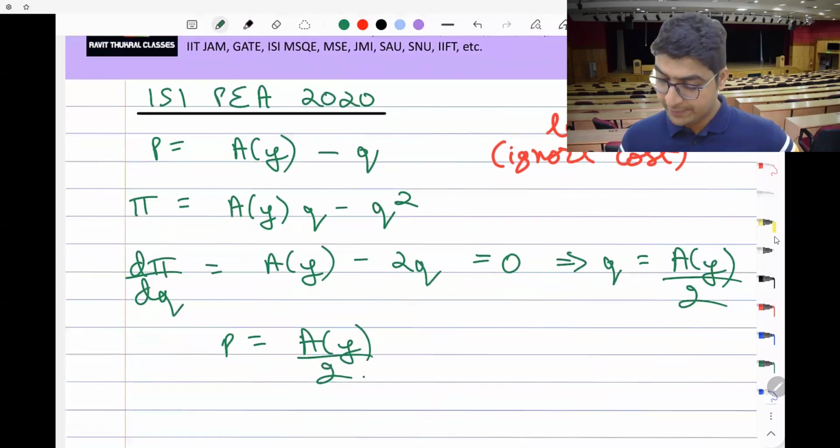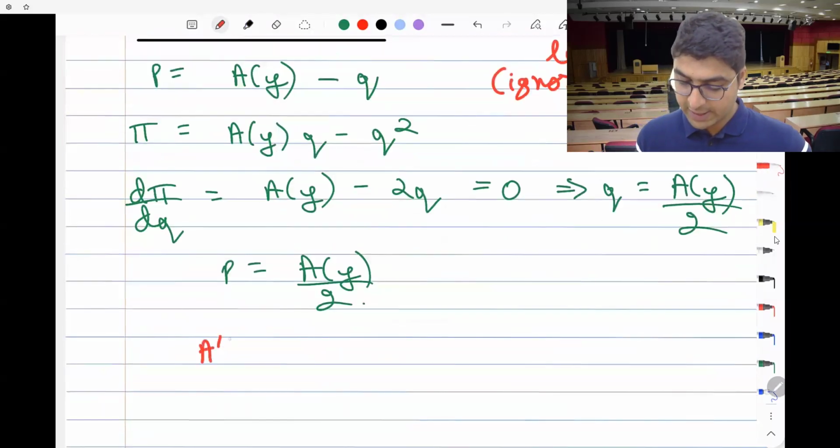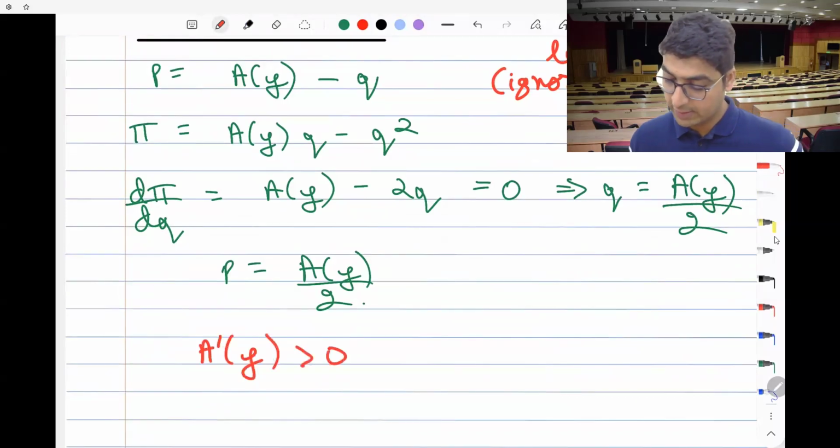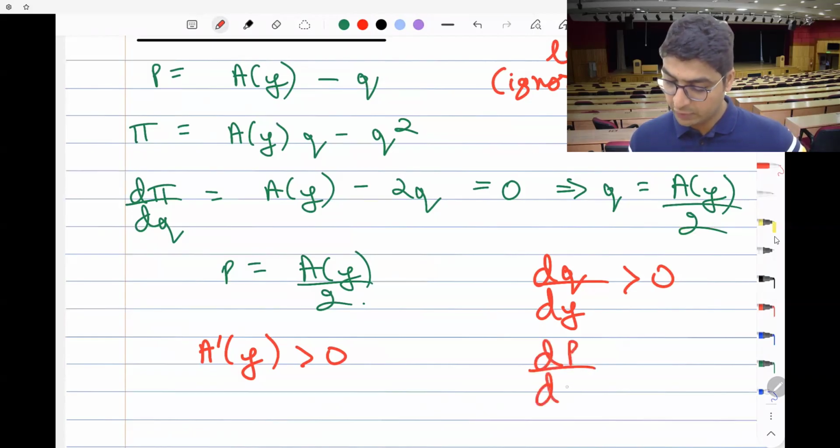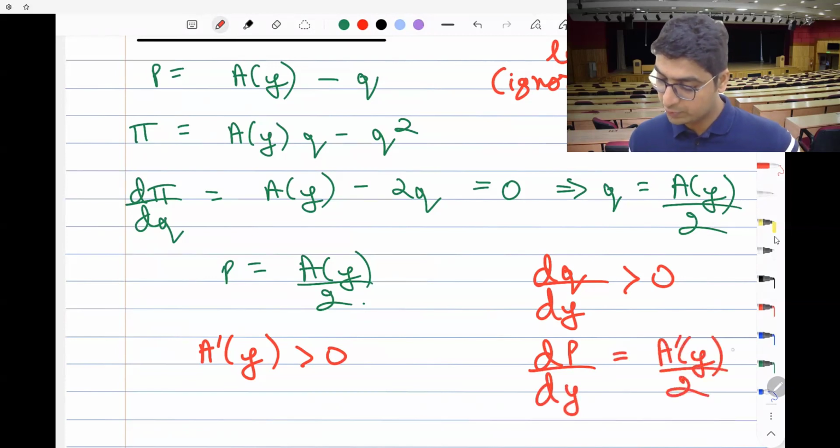So notice that since ay is increasing, if I differentiate it with respect to y, a dash y will be greater than 0. And similarly, if I differentiate p with respect to y, I'll get a dash y by 2, which is positive. Okay, so that makes it an increasing function.